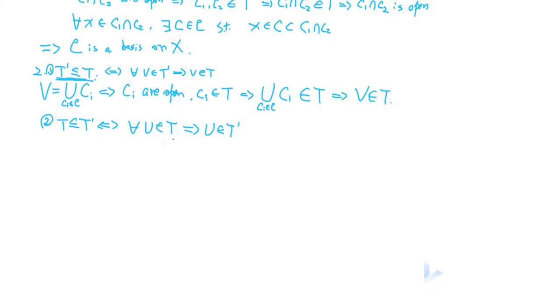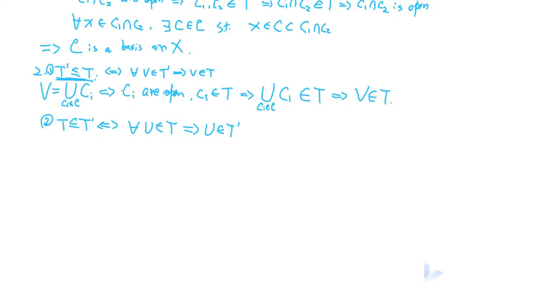Because we need to prove some subset of X to be in the topology T prime, one way we can do that is to use the basis C, which generates T prime, to check if U is in T prime or not, as we did before, right?